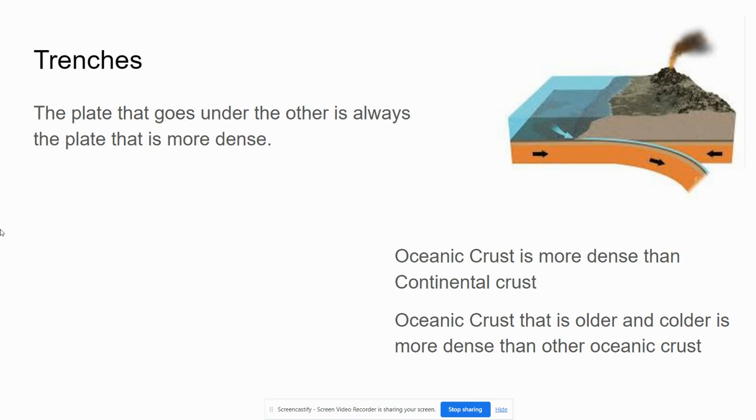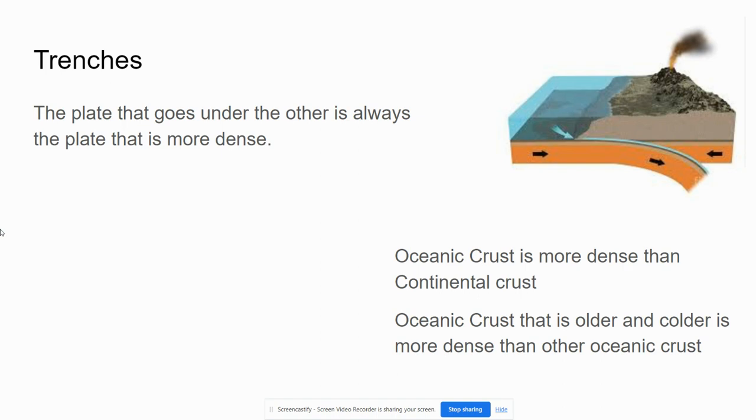Whereas if two oceanic crusts are going towards one another, then it depends on which one's going to be colder. And it actually ends up being which one is older too, because we found out that the older the plate is, the longer it's been away from the heat source. So the colder it is, making it more dense than the other younger oceanic crust.